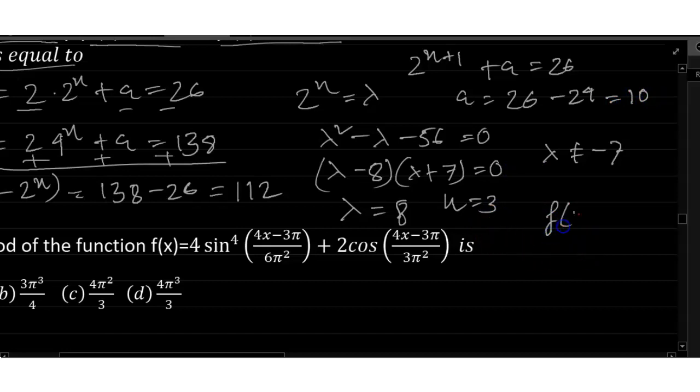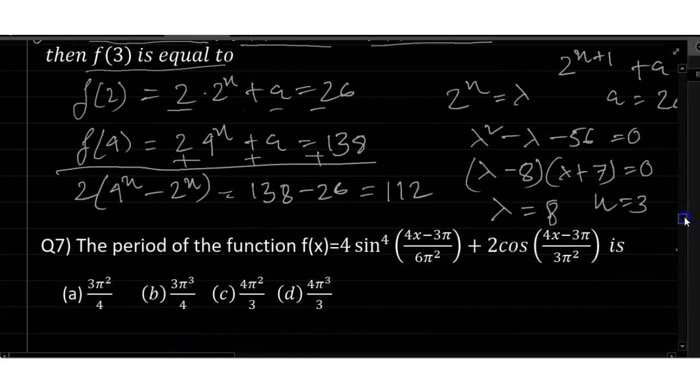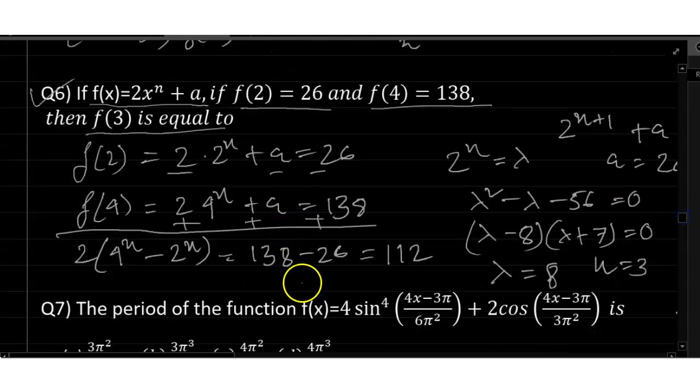If n is 3, 2 into 3 cube plus 10 equals to 54 plus 10 equals to 64. Answer is 64.